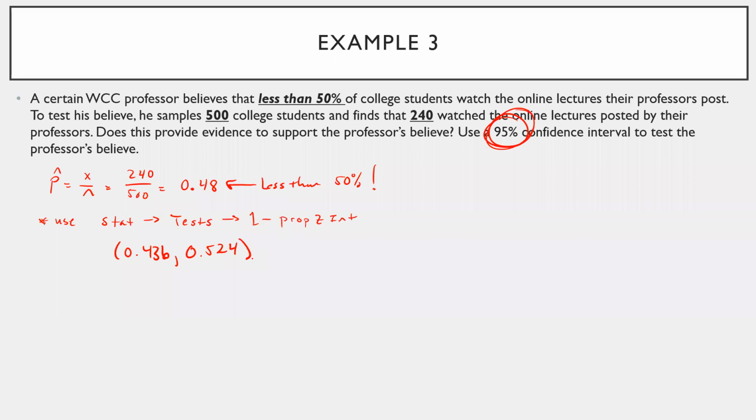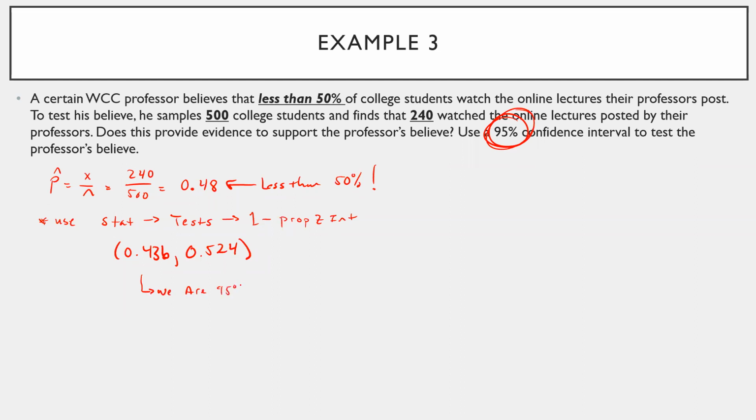Okay. So look, this is what's going on with this confidence interval. We're saying, look, I have no idea what proportion of college students watch the online lectures their professors post. I don't know. But this professor, for whatever reason, believes it's less than 50%. Well, I took his survey, and based on his survey, this is how you would interpret this, right?